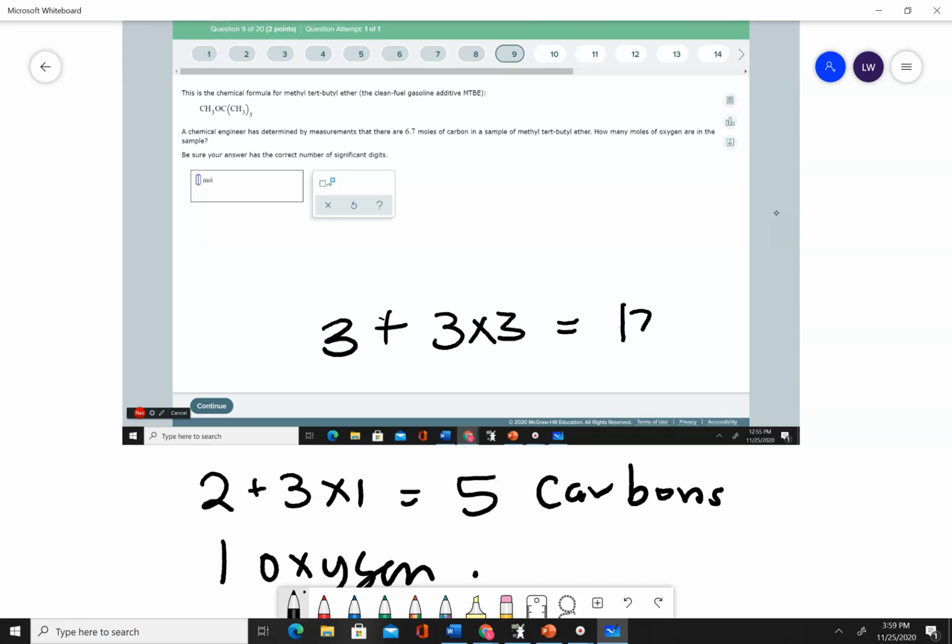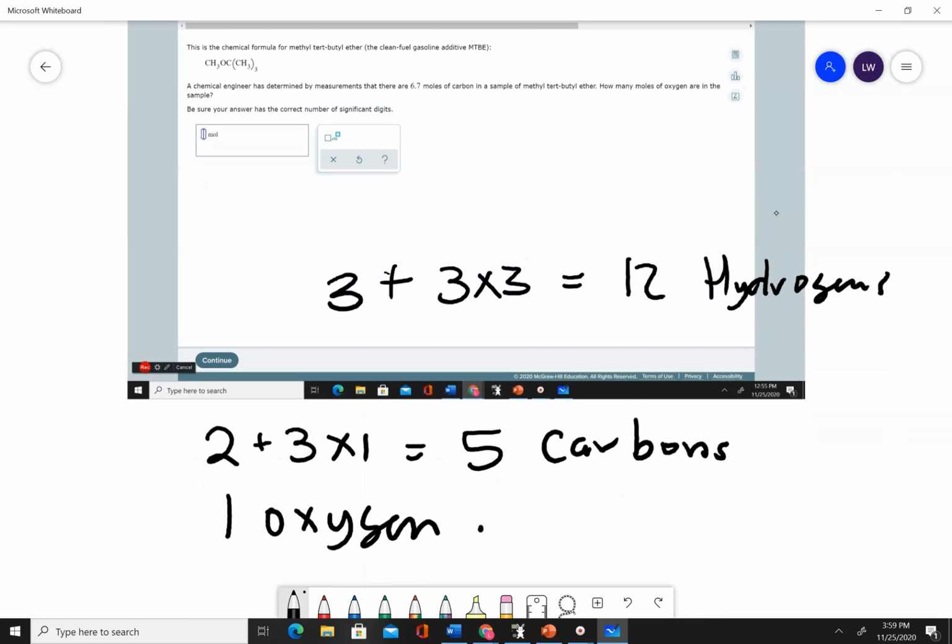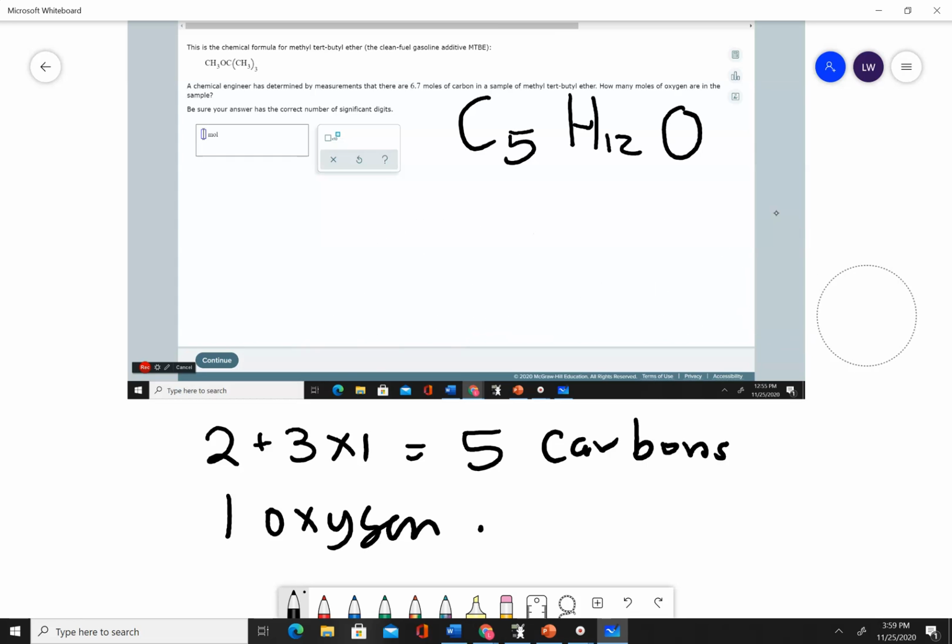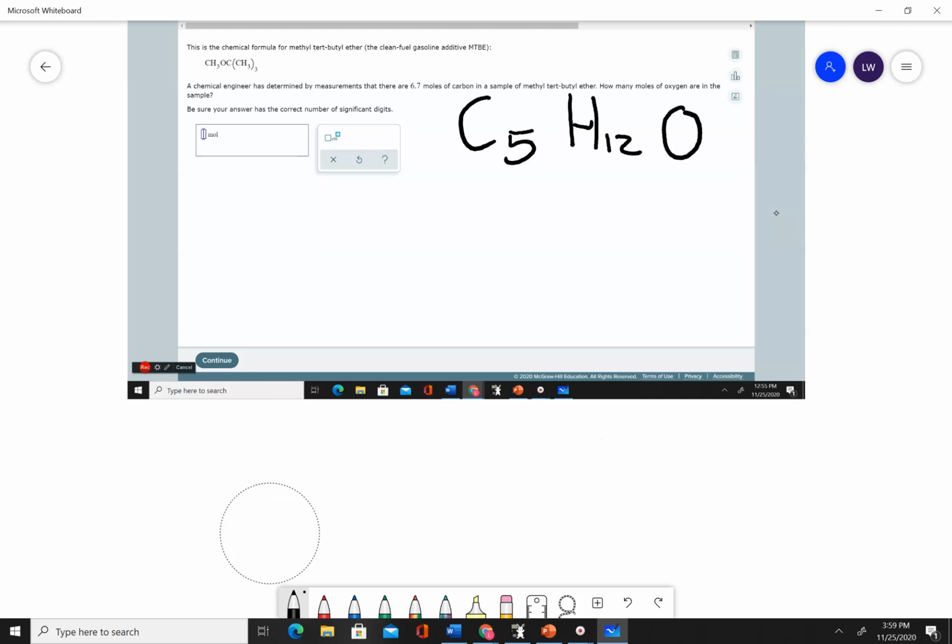So 3 plus 9 gives me 12 hydrogens. So writing out the formula in the more conventional manner, we would have C5H12O. That's worth doing sometimes, so that we can get mole ratios easier.